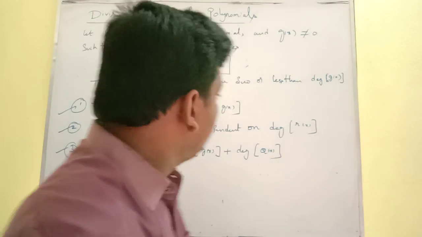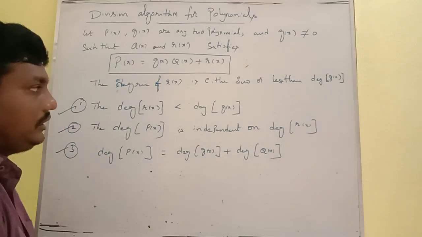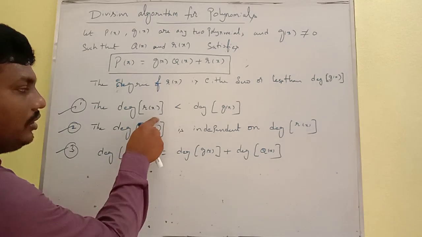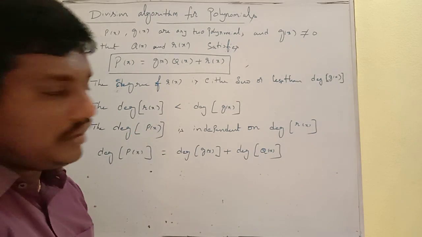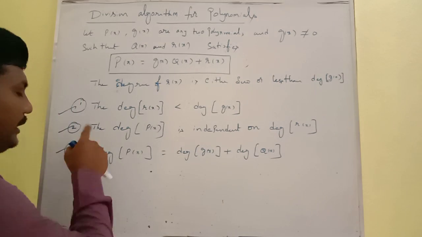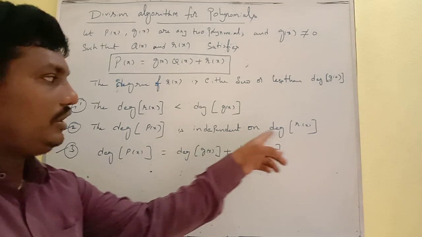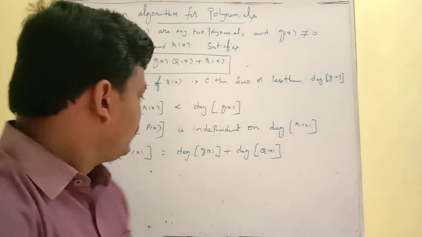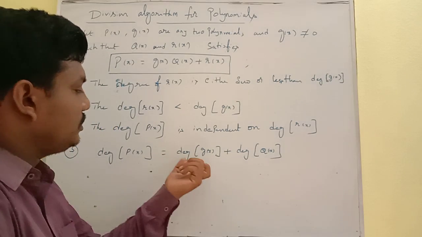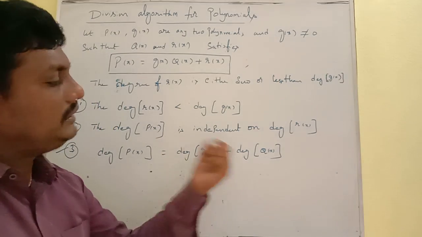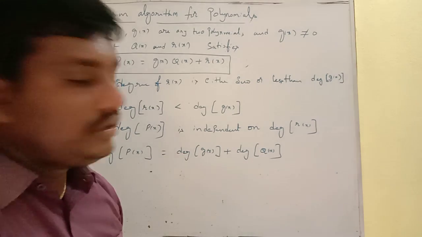So now these 3 points you have to remember. First, the degree of r of x is less than the degree of g of x. The second point, the degree of p of x does not depend on the degree of r of x. Then the third point, the degree of p of x is equal to the degree of g of x plus the degree of q of x.